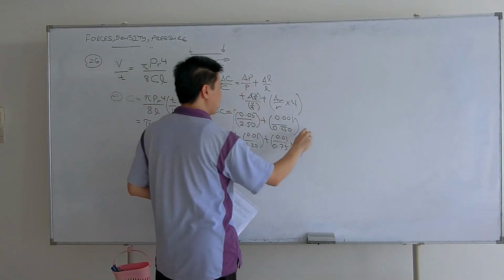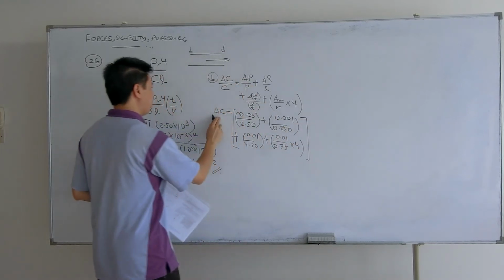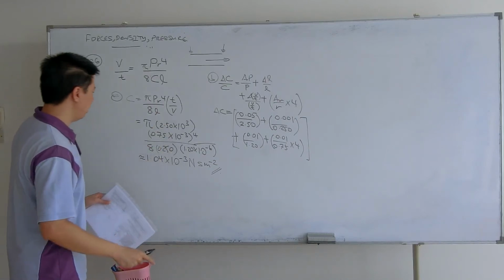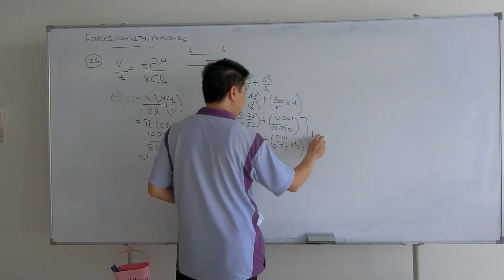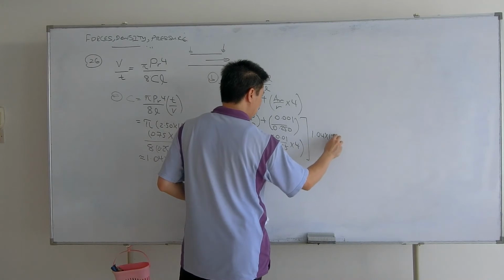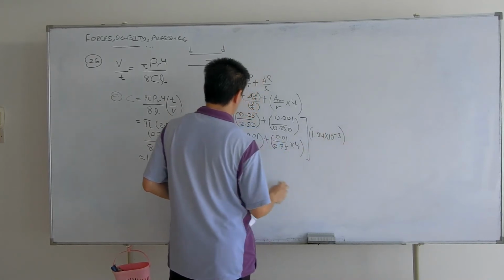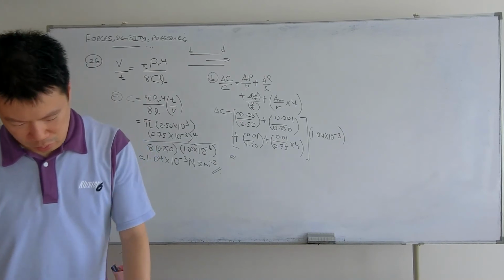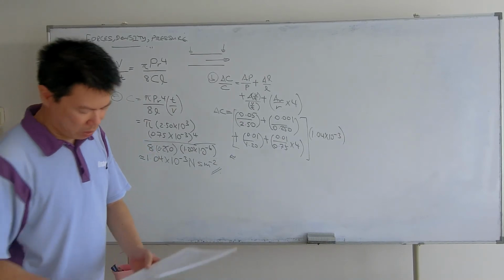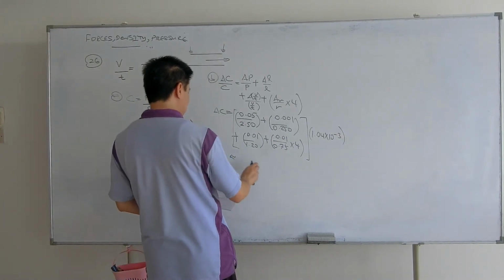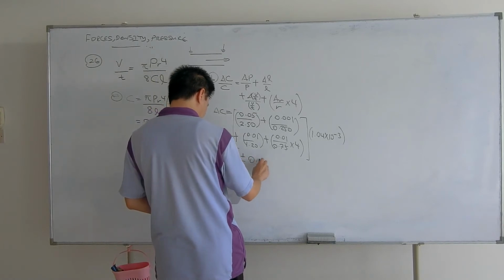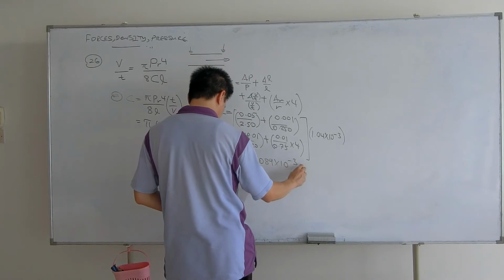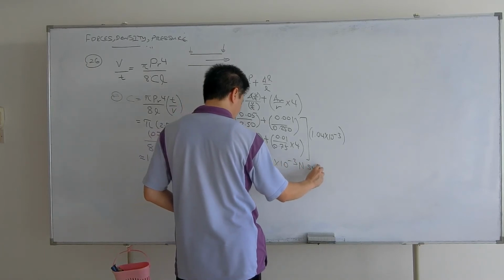This is the uncertainty equation, but they want us to find it for C, so we multiply this whole thing by 1.04 times 10 to the minus 3. Then you calculate this, pause the video, and when you unpause you should have a value of around plus minus 0.089 times 10 to the minus 3 Newton second meter minus 2.